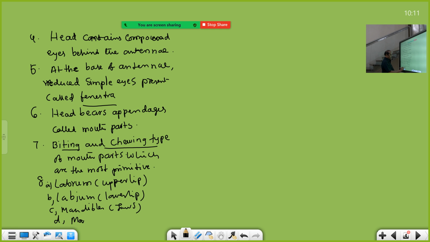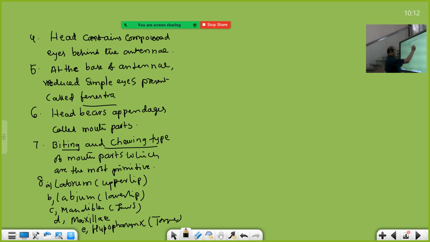Maxillae, with the help of which they collect the food and bring it to the mouth. Mandibles for biting purpose. And lastly, hypopharynx. Hypopharynx means tongue. So there are 5 types of mouth parts present in biting and chewing type: labrum upper lip, labium lower lip, mandibles jaws, maxillae, and hypopharynx, also called tongue, meant for chewing purpose.